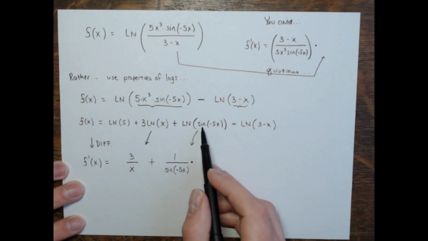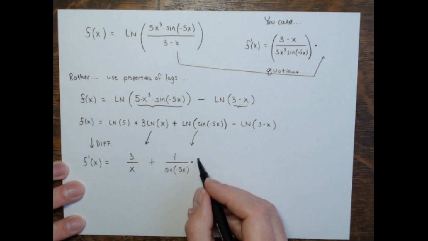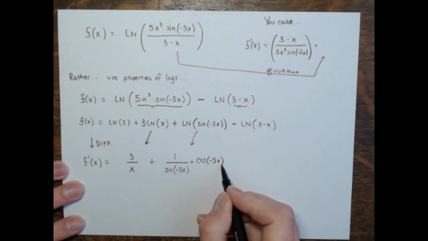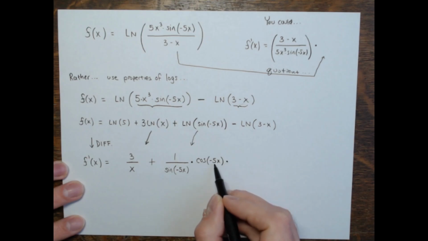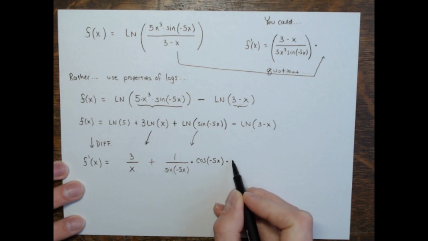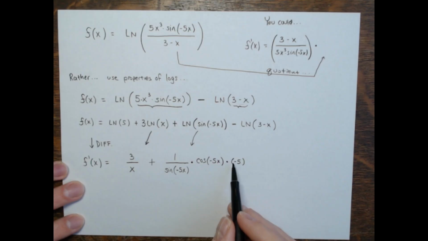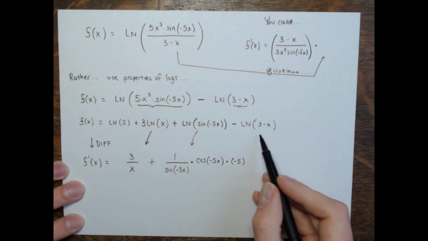So times the derivative of the sine of something, which is the cosine of that thing. So I got cosine negative 5x. And then times again the derivative of the expression inside that, which would be negative 5, right? Derivative of negative 5x. So this is all coming from the second term here.